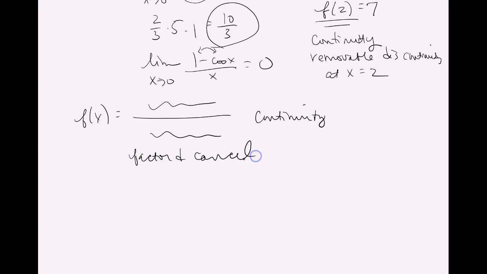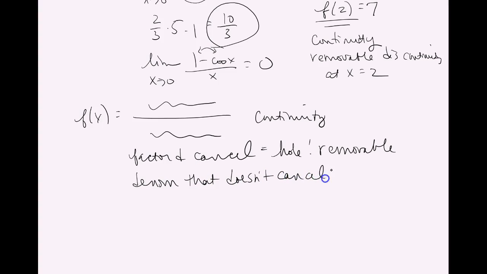Because if it factors and cancels, it equals a hole, which is a removable discontinuity, like I just said above. And if there's anything left in the denominator that doesn't cancel, then that's equal to a vertical asymptote, therefore it's a non-removable discontinuity. So that's all terminology that you need to know.